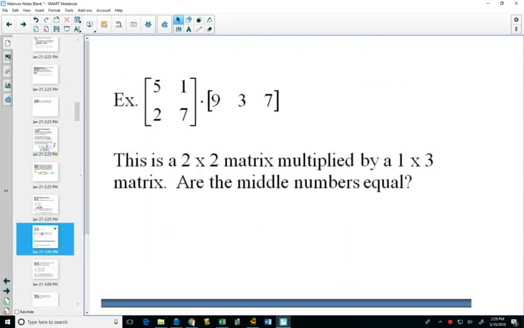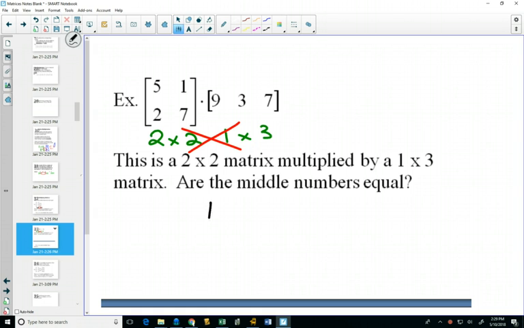If you look at this example, here we have a 2 by 2, and here we have a 1 by 3. Those middle numbers are not the same. So can we multiply them? No.